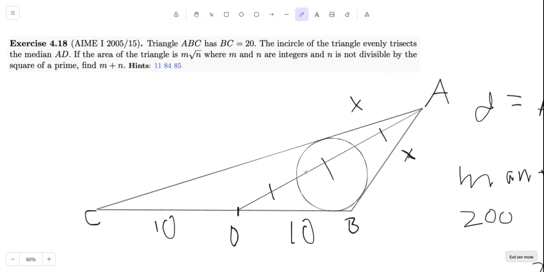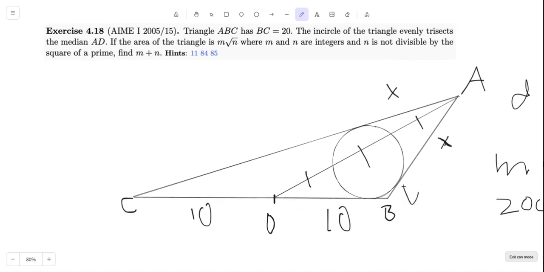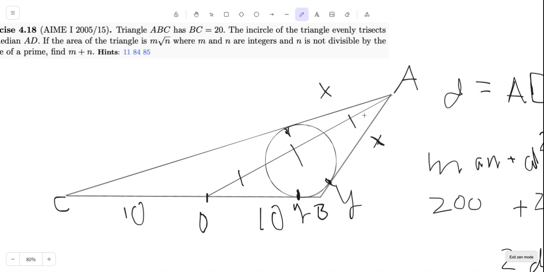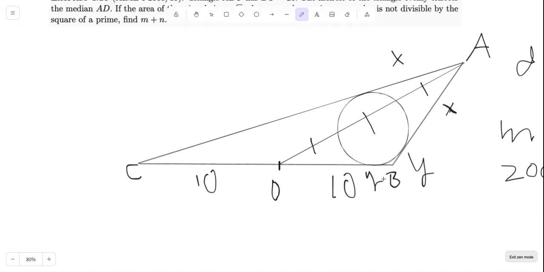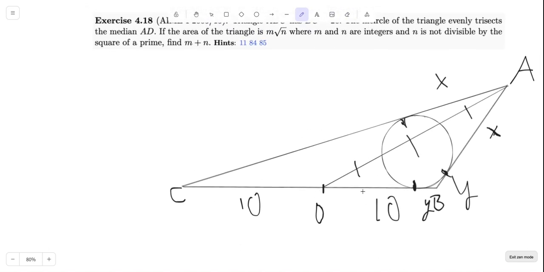If we split each side using the equal tangents theorem like this, and these are the points where I'm splitting it at, both these segments are of length x, and these are of length y. Sorry, y is over here. And then all of this is going to be z.